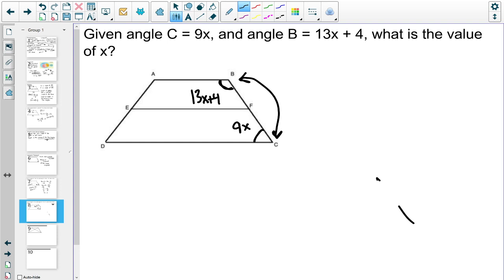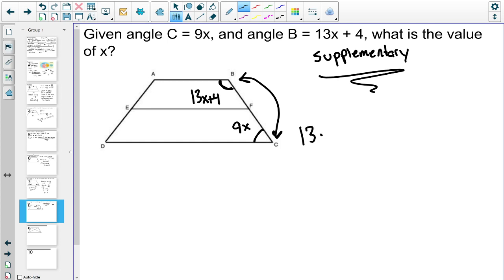I called them the leg angles, although that's more of just a general phrasing, not necessarily a definite term. But the angles here, we said that they are supplementary, right? So if those angles are supplementary, we know that they add to equal 180.